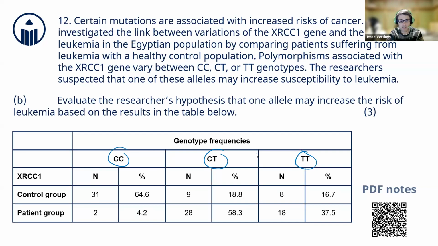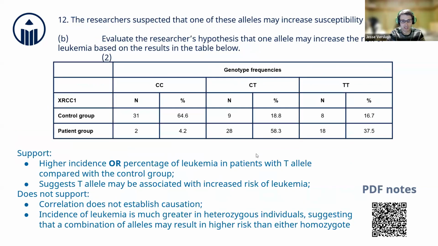Okay, so let's go ahead and look at some answers for this one. The question has been removed just so we can fit everything on here, but the table is still here. So we've got our genotype frequencies there. In the control group population, we can see that there's a higher proportion of Cs. CC is the most common.